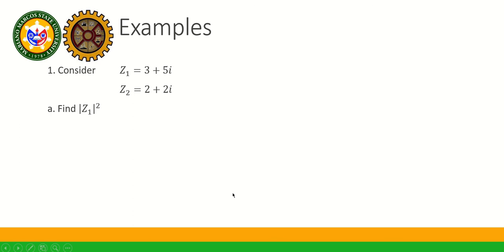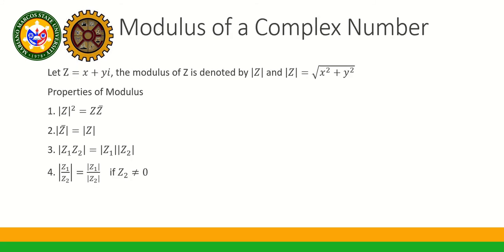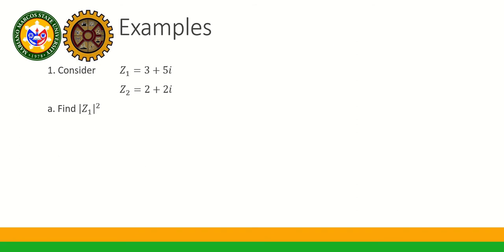So, let's try examples. We have example number 1. Consider z sub 1 is equal to 3 plus 5i, and then z sub 2 is equal to 2 plus 2i. Find the modulus of z sub 1 squared. So, from the properties, the modulus of z squared is equal to z times z bar.